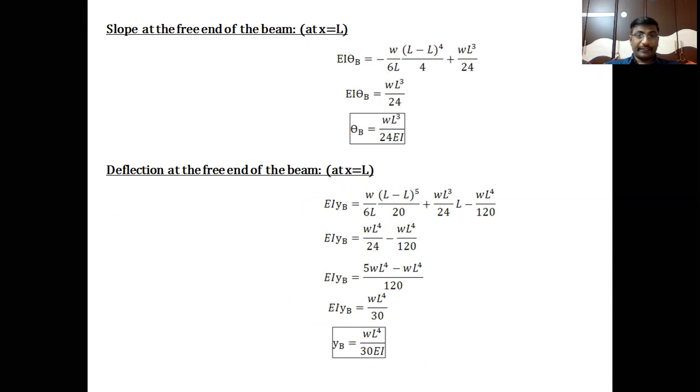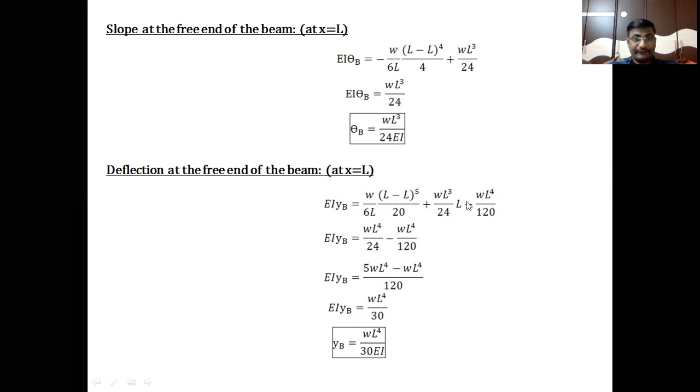Similarly, the deflection at the free end is at x equal to L. After substituting x equal to L in the deflection equation, we get EI yB, where yB is the deflection at the free end. We substitute L in place of x: W by 6L, (L minus L) all power 5 by 20, plus WL cube by 24 into L, minus WL power 4 by 120.